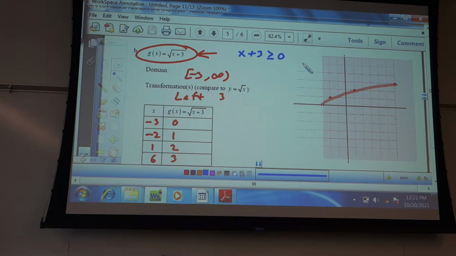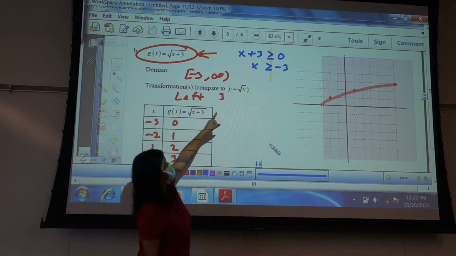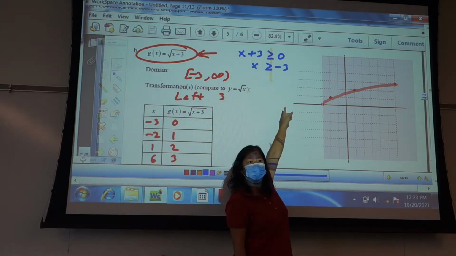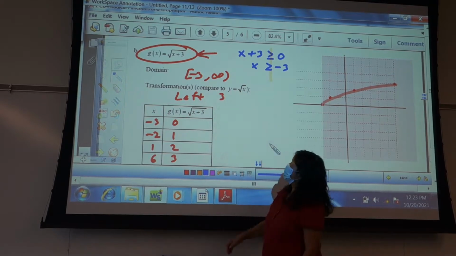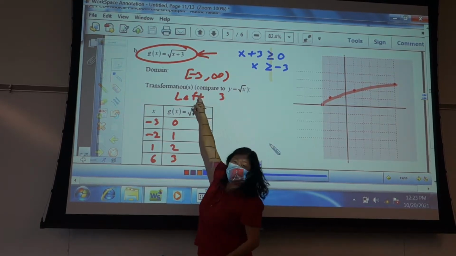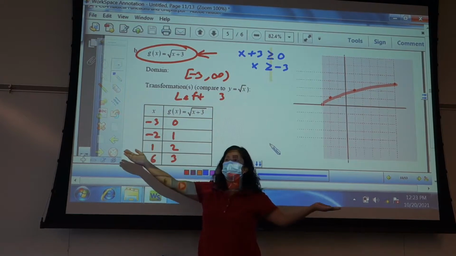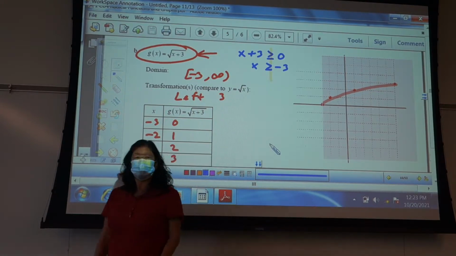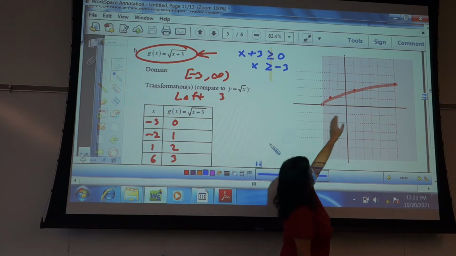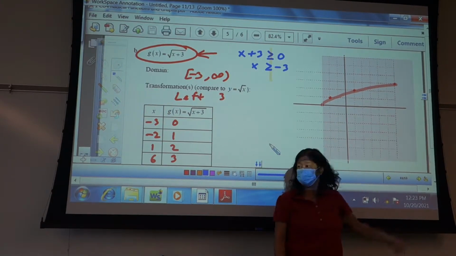All right, how do I solve for x? Subtract 3 from both sides, and I get x is greater than or equal to negative 3. What's my domain? X is greater than or equal to negative 3. Boom, there you go.